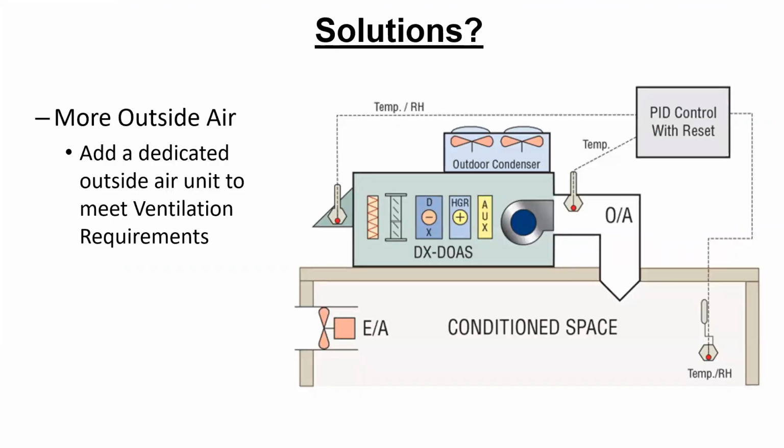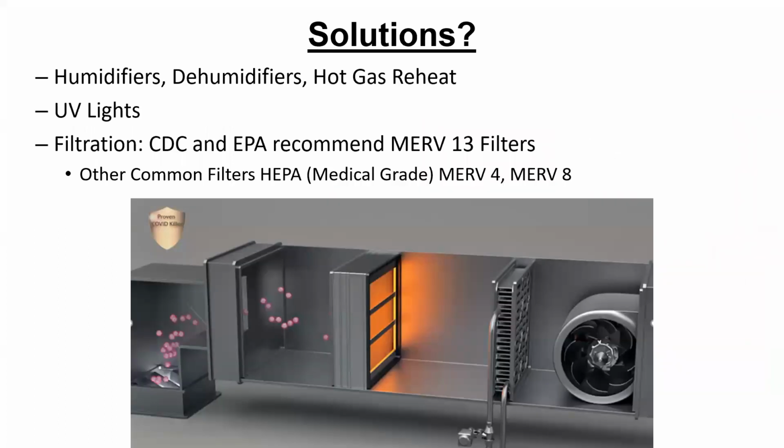Another solution is bringing in more outside fresh air just for the purpose of health. Bringing in fresh air is also recommended by ASHRAE, in the case of conditions needed, especially for health, we can bring fresh outside air into the building. We have a dedicated air system.